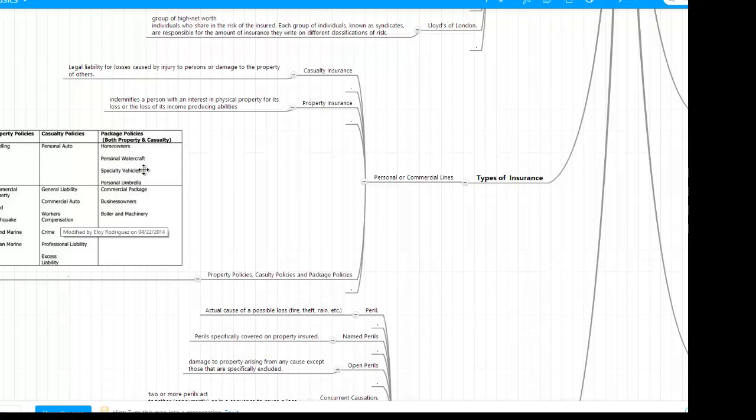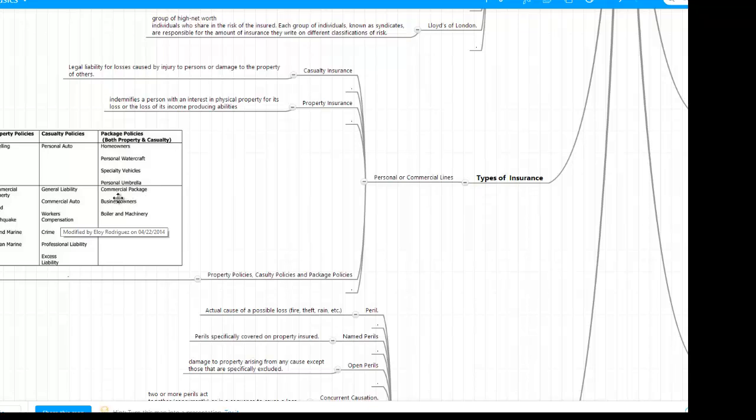Specialty vehicles, I suppose you could say like a motorcycle or something else that doesn't have four wheels. And you have a personal umbrella, which sits on top of all of your existing insurances to increase the amount of liability coverage and cover gaps that you might have.